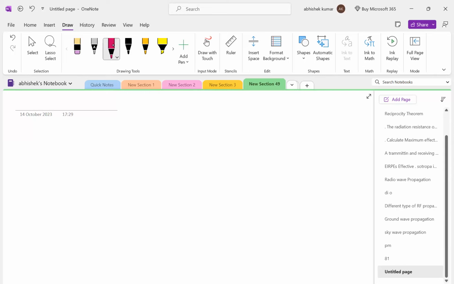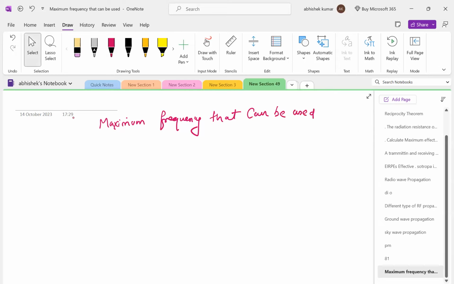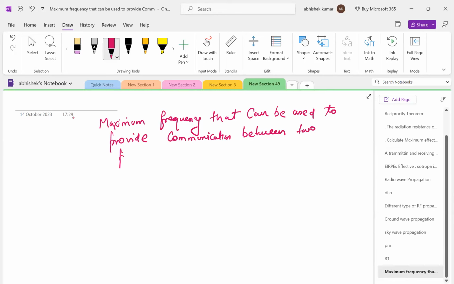Maximum usable frequency is the maximum frequency that can be used to provide communication between 2 points on Earth by a given ionosphere layer.